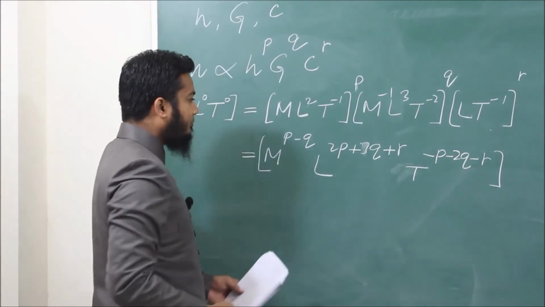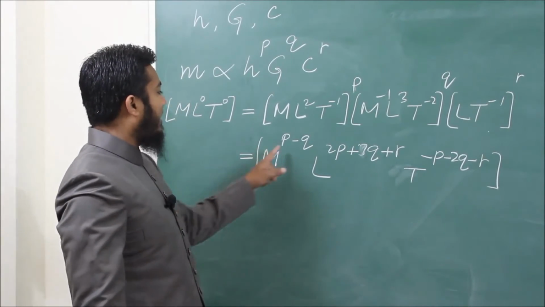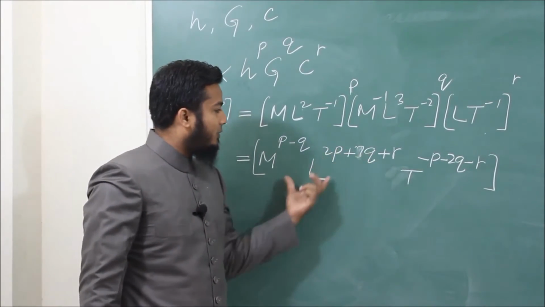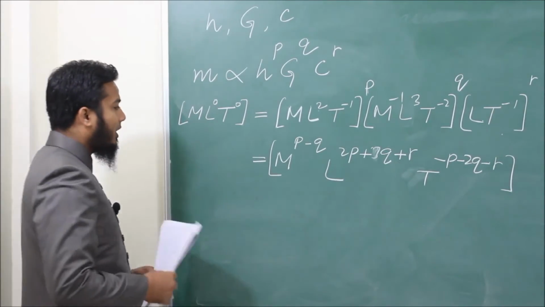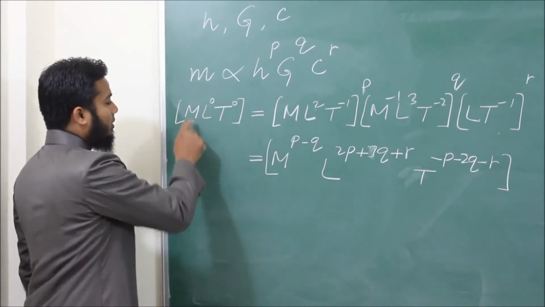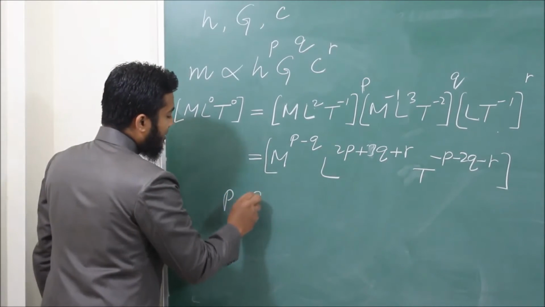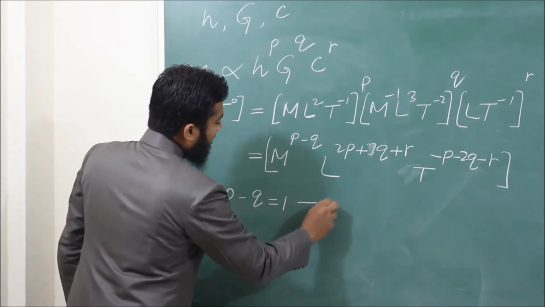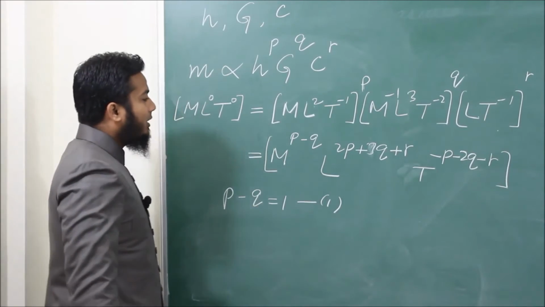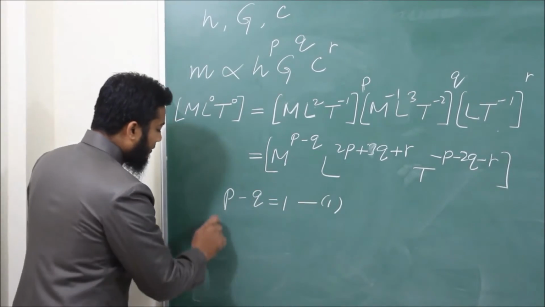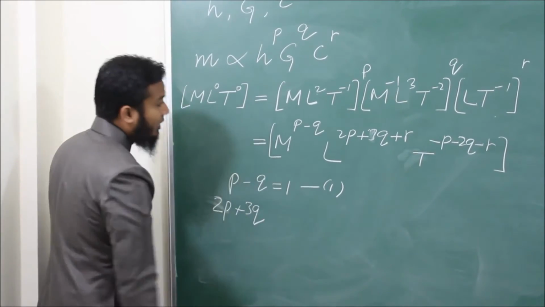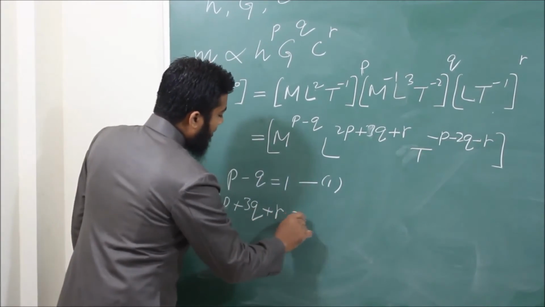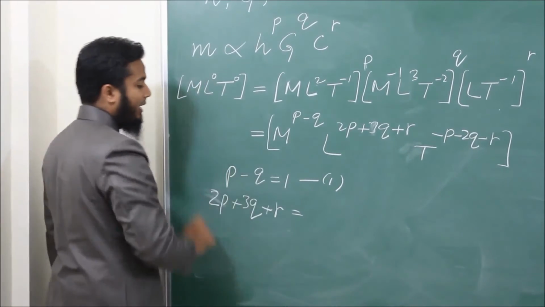So the dimensions on the right hand side are p minus q for mass, this is for length, and that is for time. Now dimensions should be the same on both sides, so p minus q must be equal to 1. Let's call this equation number 1. Then 2p plus 3q plus r must be equal to 0, since L has power 0.